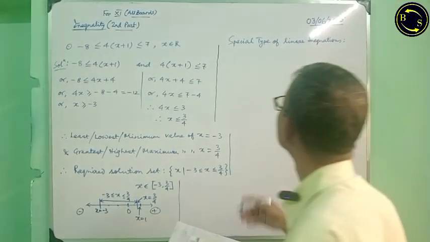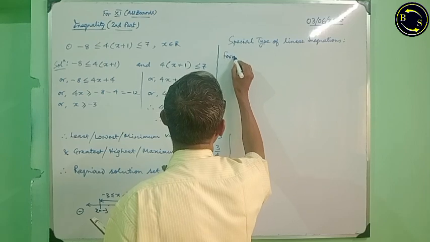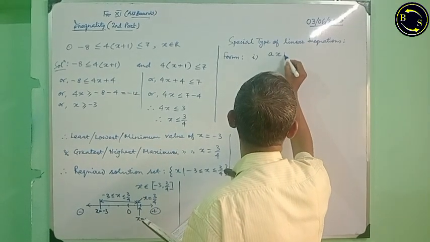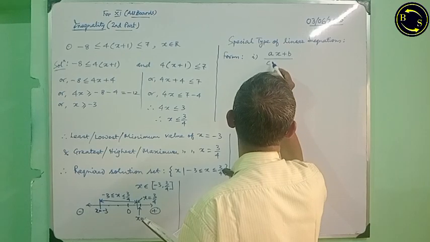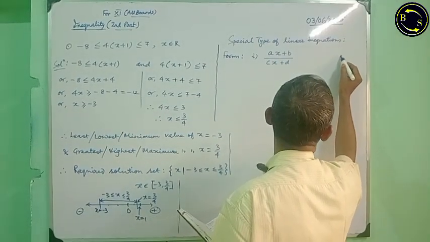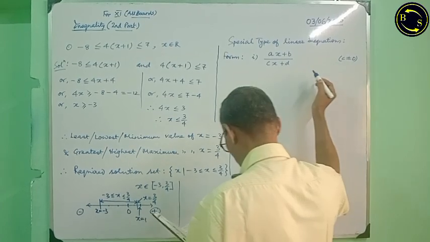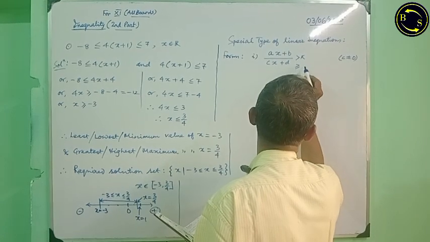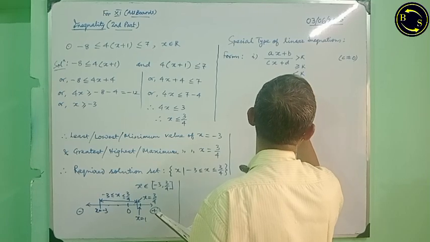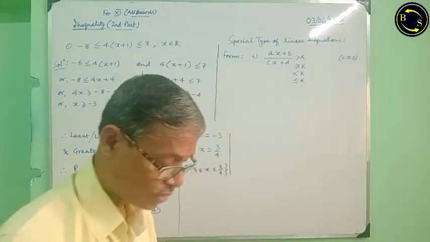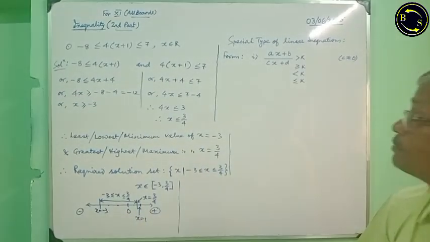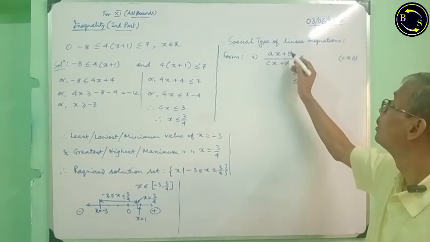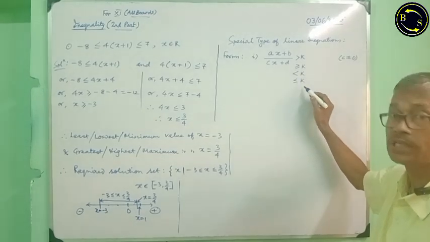The forms will be ax plus b by cx plus d, here c not equal to 0, that may be greater than k or greater than equal to k or less than k or less than equal to k. K is constant.